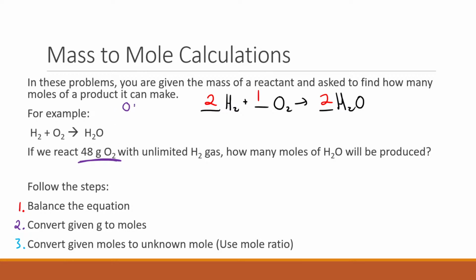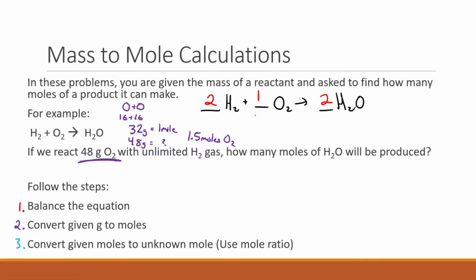I check and say O plus O, 16 plus 16, 32 grams equals 1 mole. So 48 grams equals something. 32 over 48 equals 1 over x. 32 over 48 equals 1 over 1.5 moles of oxygen.